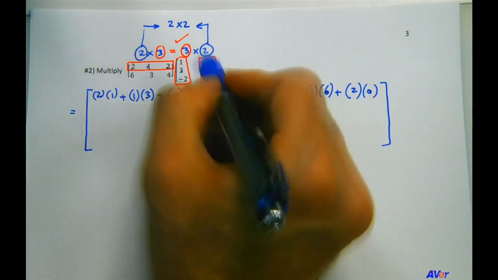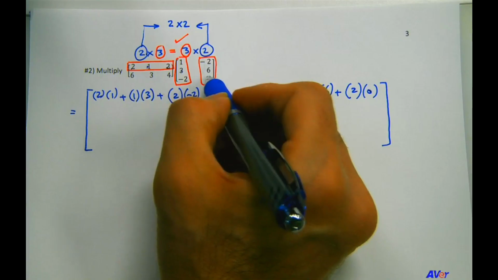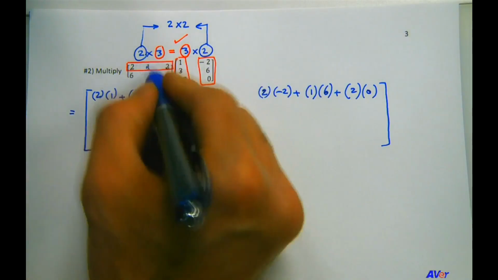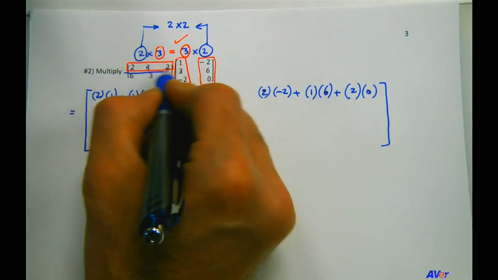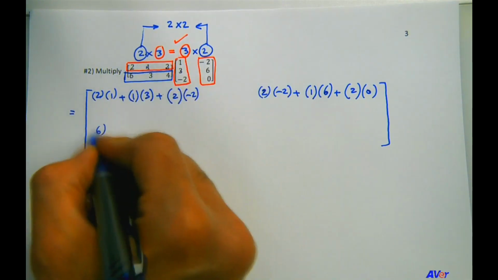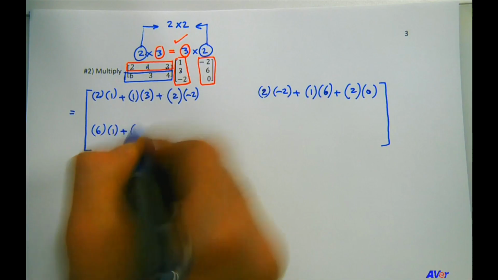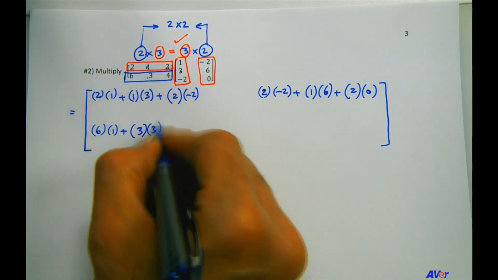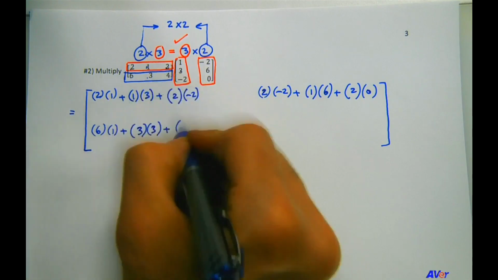Okay, we've run out of columns in the second matrix. What do we do? We move down to the next row and repeat the procedure. So 6 times 1 plus 3 times 3 plus 4 times minus 2.